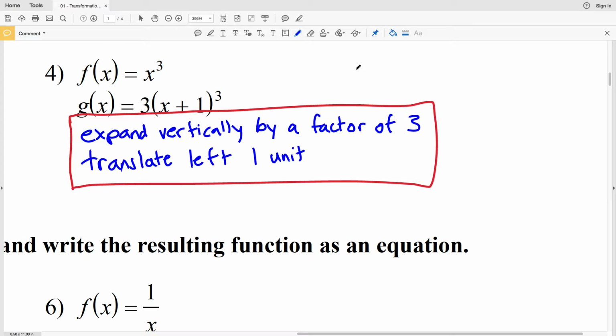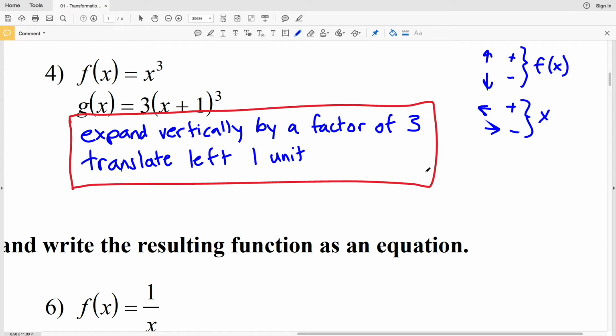So again, there are many ways to transform a function. So quickly I'm going to go over the ways to transform a function one more time. We can move a function up or down, and that's adding or subtracting a value to the function itself. We can move a function left or right. Moving it left is adding, and moving it right is subtracting, and that's adding or subtracting from the variable.